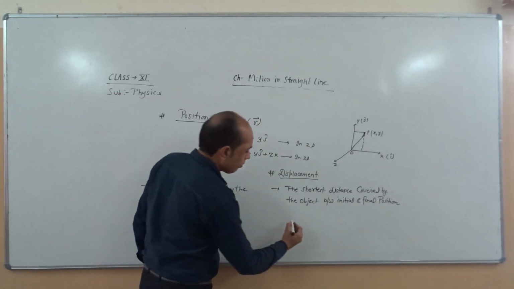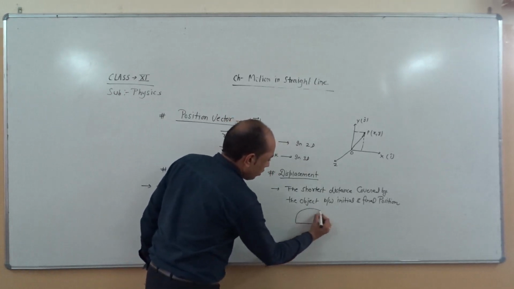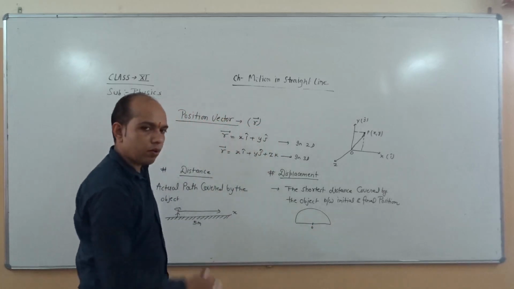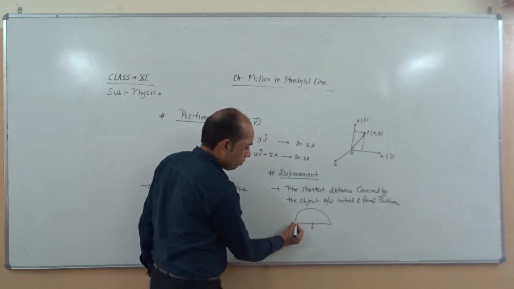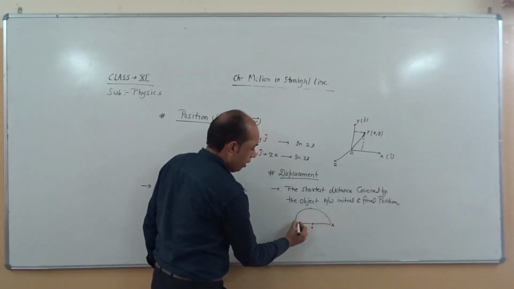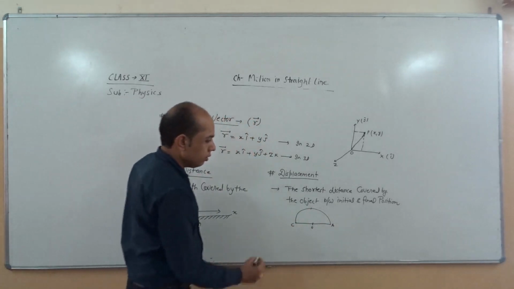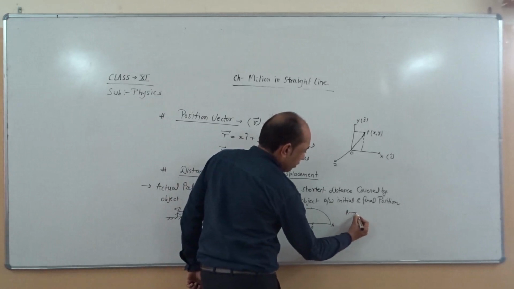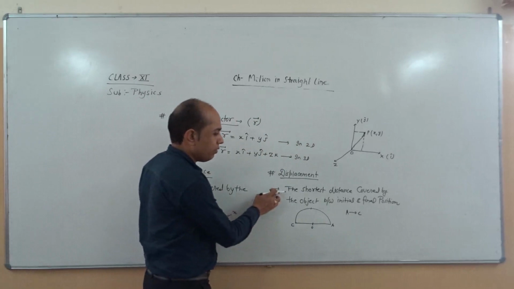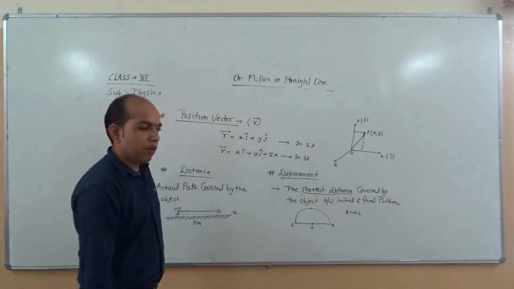For example, in a semicircular ground, an object starts from point A and finally it comes to point C. So for A to C, we have to find the displacement. As per the definition, the shortest distance covered by the object.